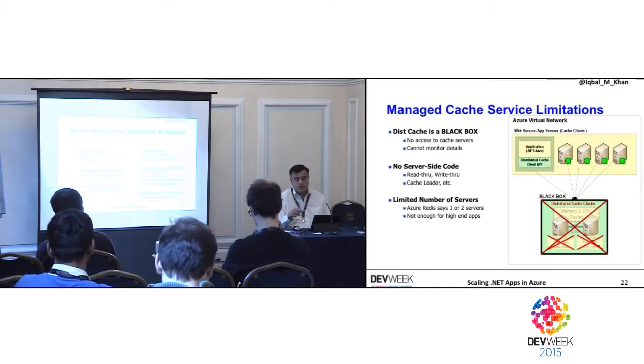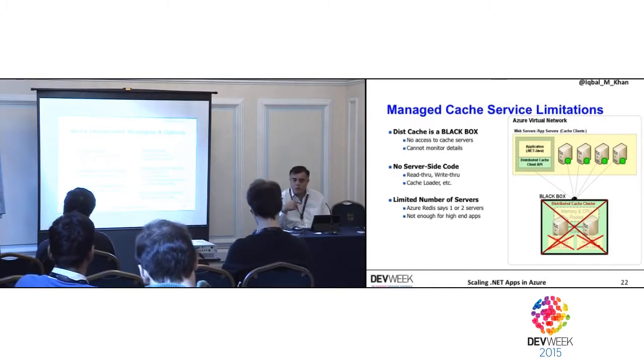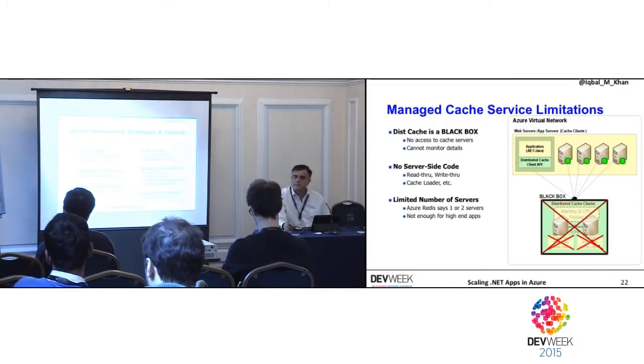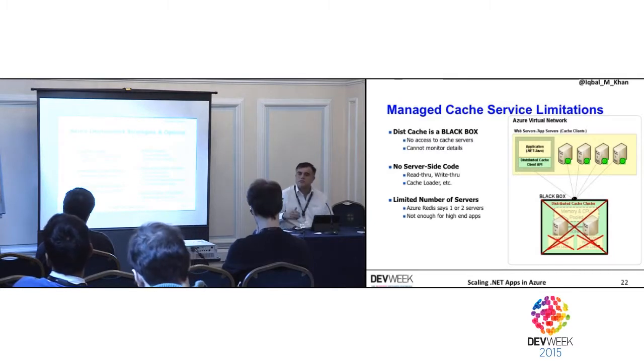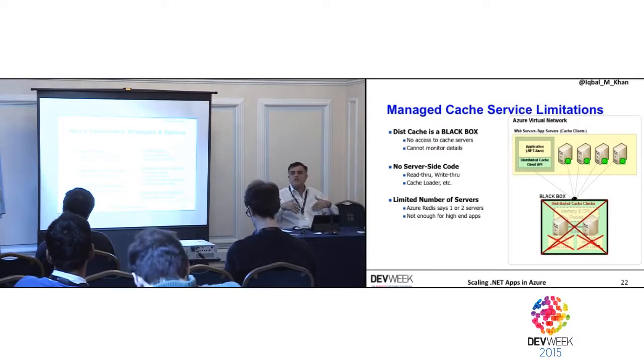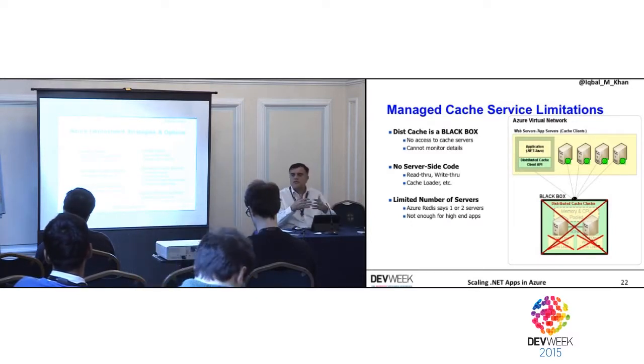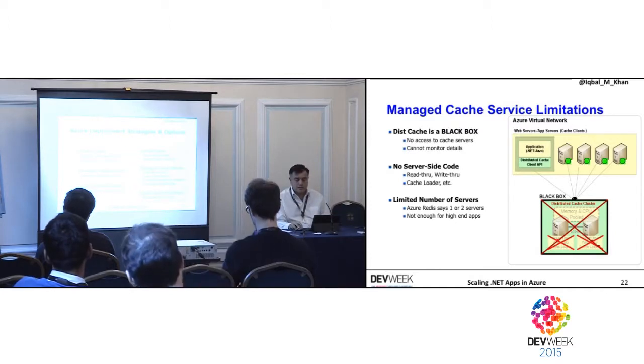But as I said, the only way you can have Redis on a virtual machine is to do it yourself. But from the configuration, it will be different, right? Yeah, of course. It'll be just like you're doing it on-premise. You have the VM, and you install the distributed cache on it, and you configure it and do all that stuff. Did I answer your question?